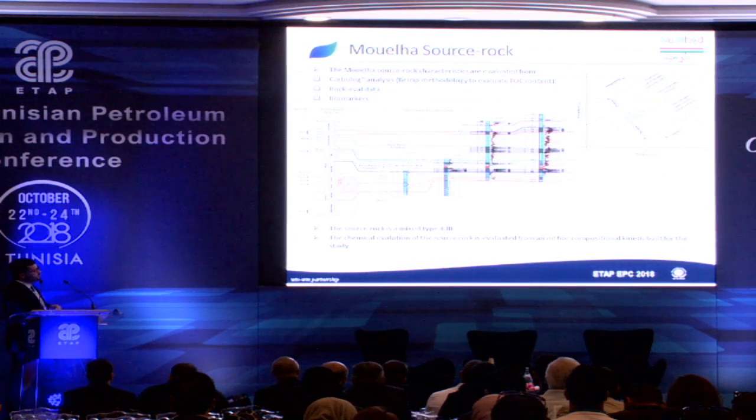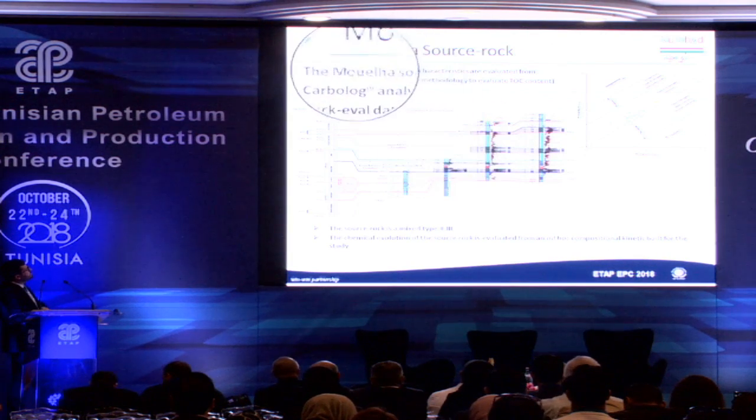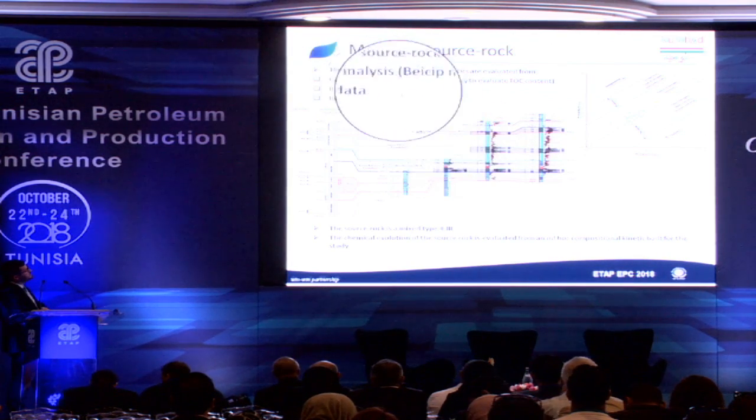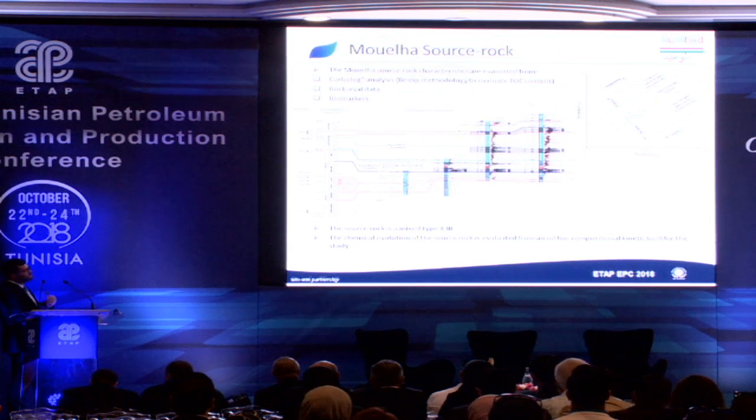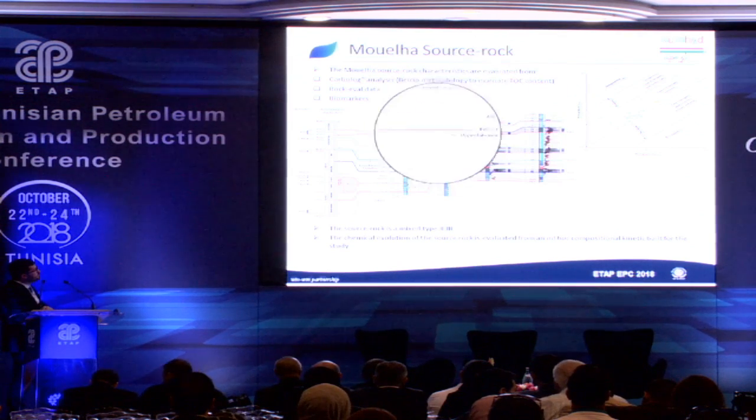Now we have the reservoir, but we also have to define the source rock. So we are focusing on the Muela source rock. Muela source rock is in the Farden formation. To evaluate the Muela source rock, we have several pieces of information. First, we realized a carbolog analysis, so it's a basic methodology to estimate the net thickness of a source rock and its TOC content. So this is an example below.